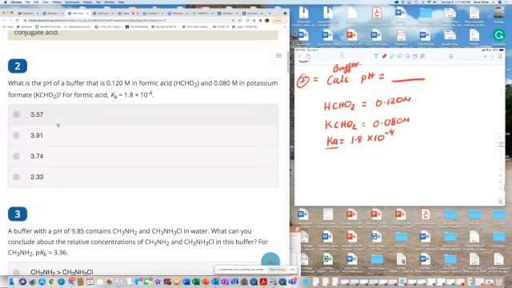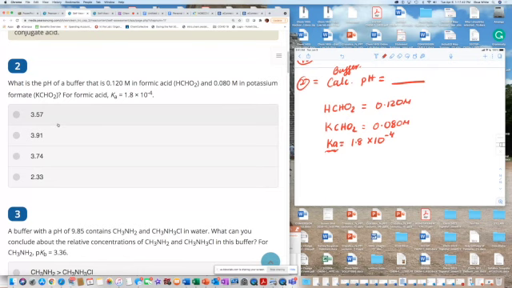I'm going to write my acid equilibrium first and then add the potassium formate. This is my weak acid, HCHO2 plus water, with an equilibrium arrow.